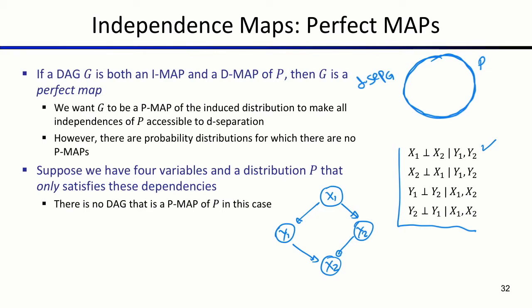So when we observe these two guys here, we block the influence because we have the sequential triplets here, and they will be independent. So x1 will be independent of x2 given y1 and y2. But at the same time, because here we have this convergent triplet, it means that if we observe x2, we're going to make y1 and y2 not d-separated. So we break this independence assumption here.